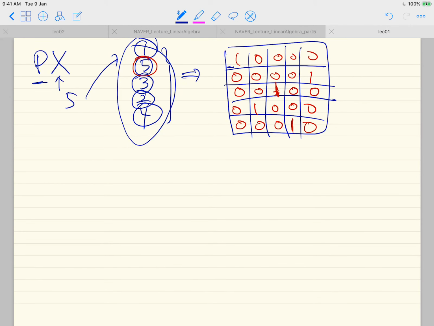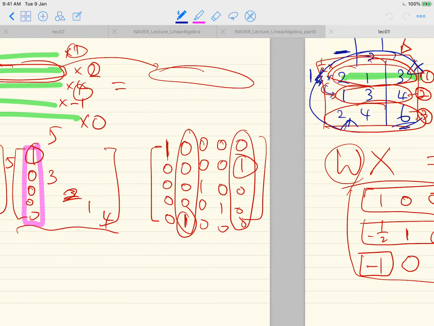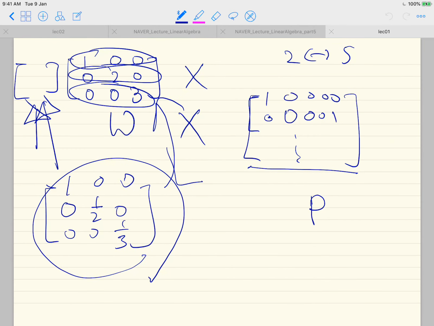So this is a permutation matrix, but interchanging only a pair of rows is a special case of the permutation matrix, right? If we consider this row interchange matrix and call it P, then P times P will be the identity matrix, right? So interestingly, this matrix has an inverse that is the same as the original matrix.